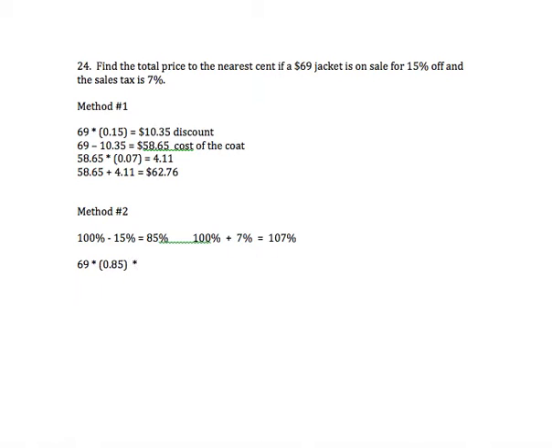And then we would multiply that by 1.07 to include our sales tax. And when we multiply that out, we will still end up with a value of $62.76. Either method would result in the same total price.